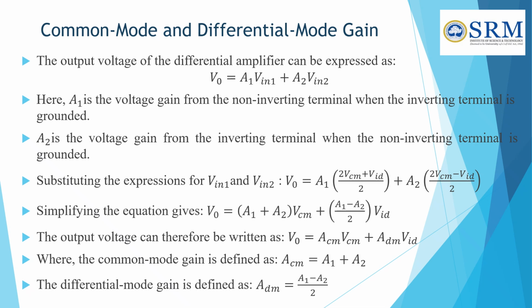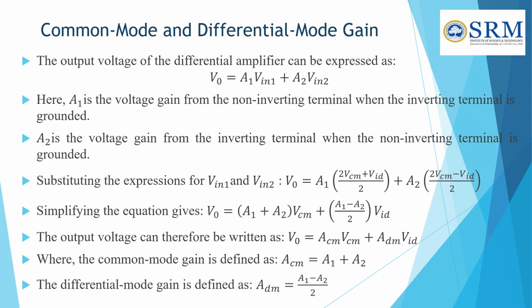Substituting ACM for A1 plus A2 and ADM for (A1 minus A2) by 2, we can write Vout equal to ACM into VCM plus ADM into VID.